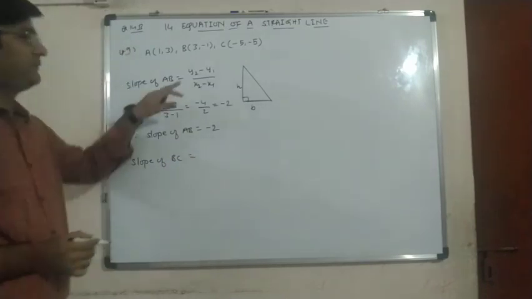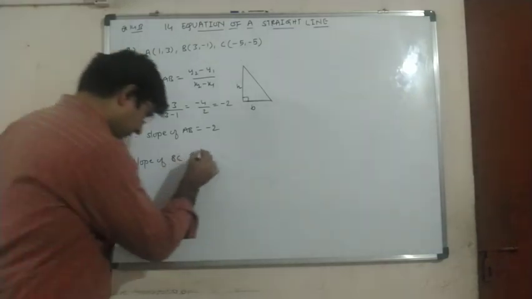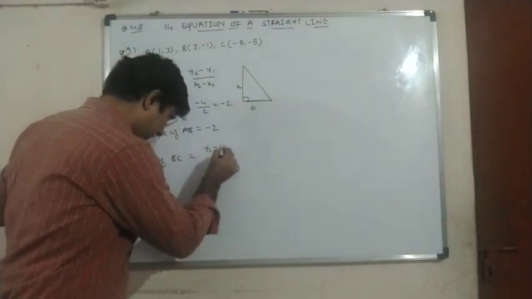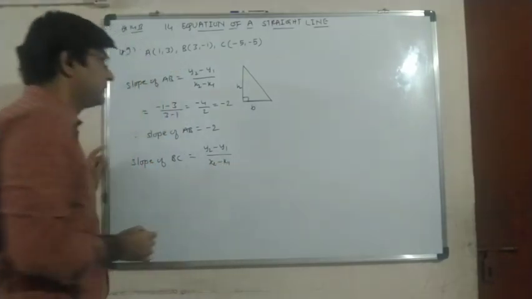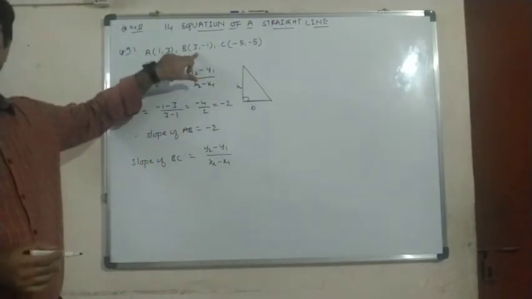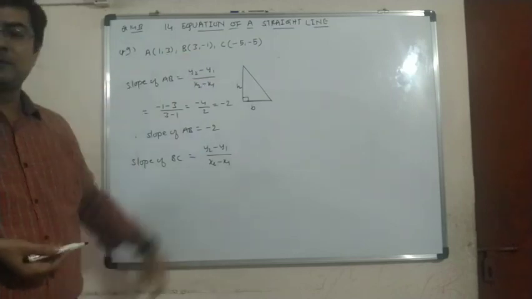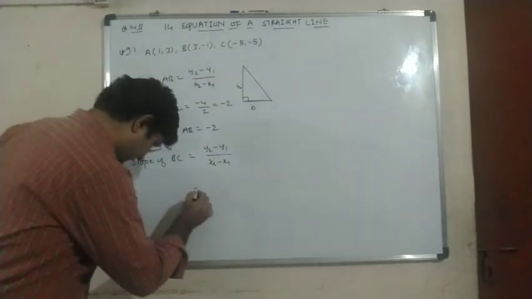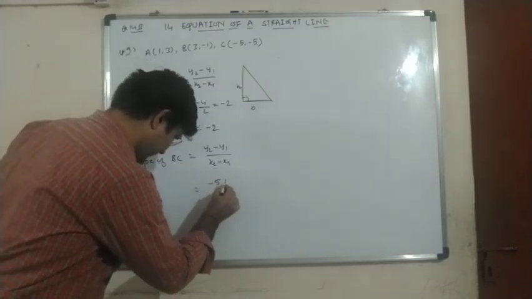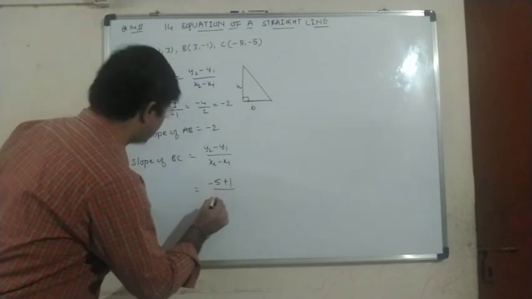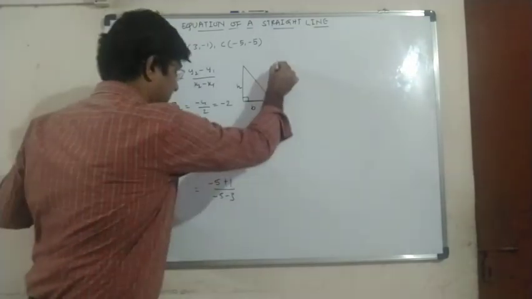Similarly, we will calculate now slope of BC. Okay, so again the same formula, y2 minus y1 upon x2 minus x1. Yes or no? In this case x1 y1 will be the coordinates of B and x2 y2 will be the coordinates of C. So y2 is -5, minus plus 1, and x2 is -5 minus 3.